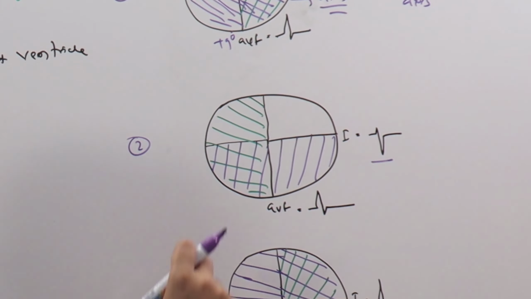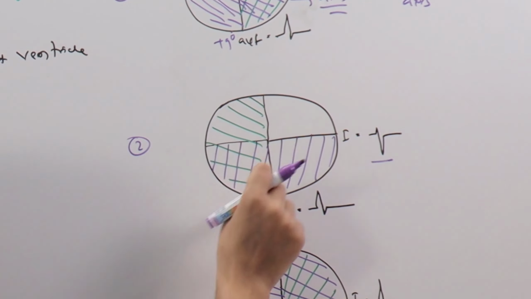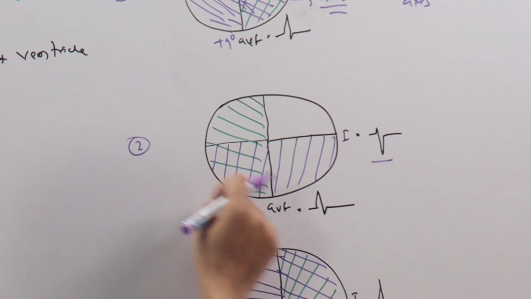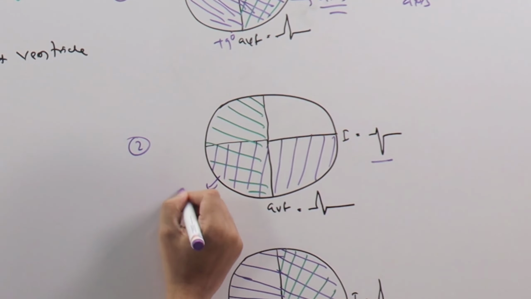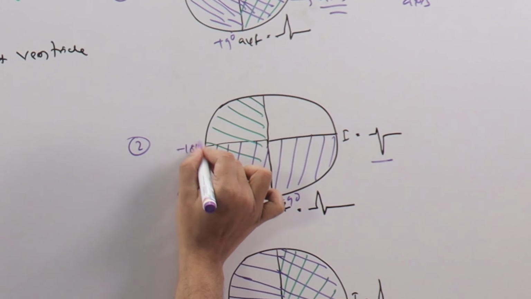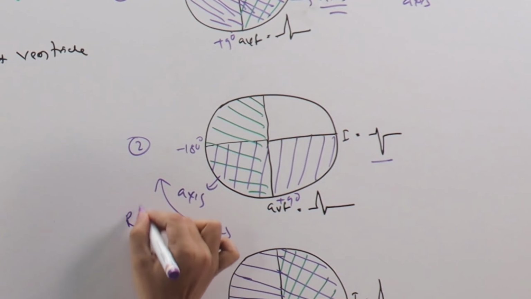But if AVF is positive, that means the axis lies below this horizontal or transverse line, and their cross section is the axis of the heart. This is plus 90, this is minus 180. As we discussed, this is right axis deviation, right?